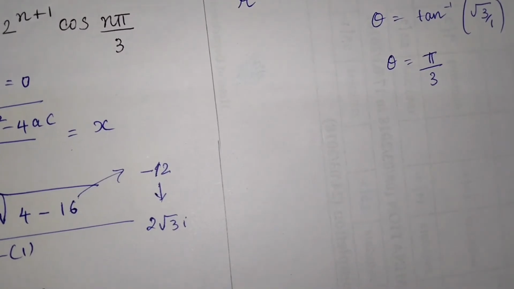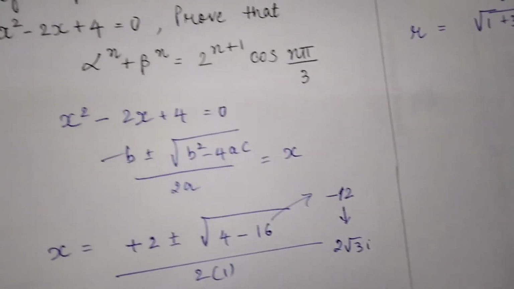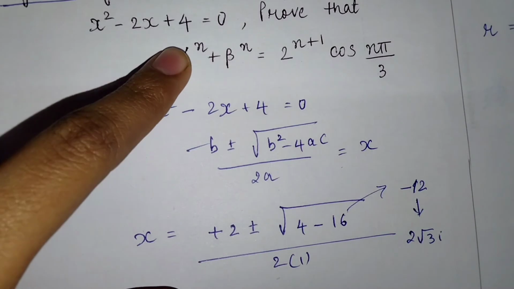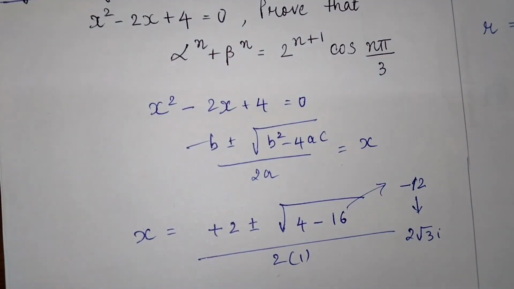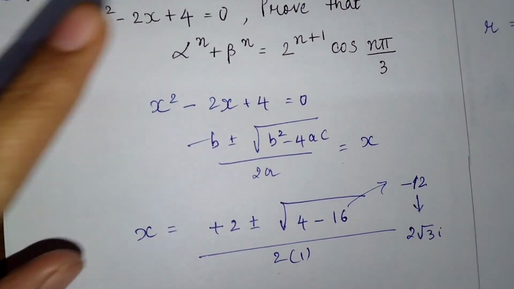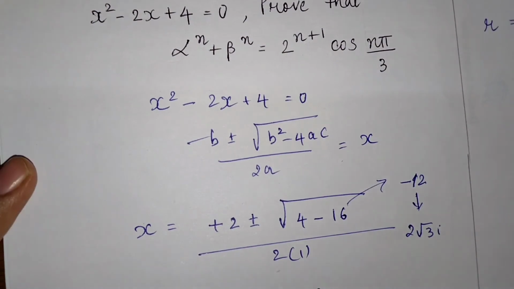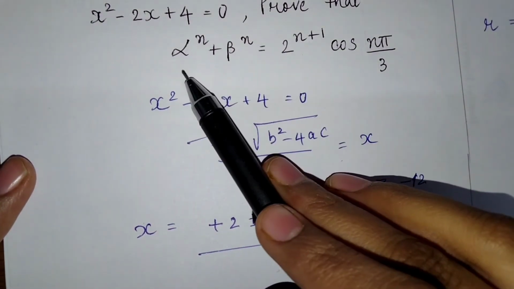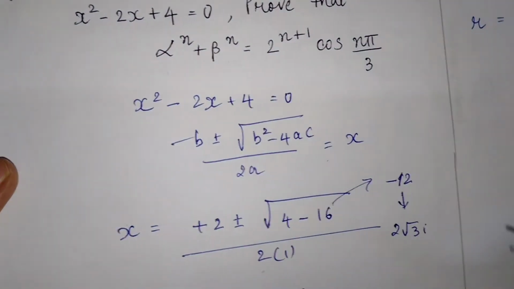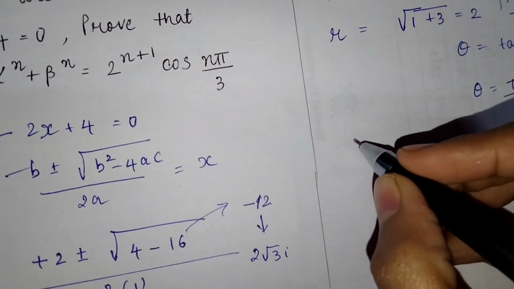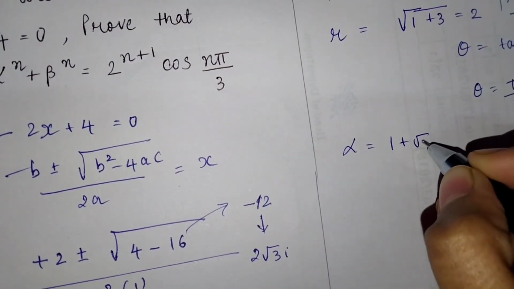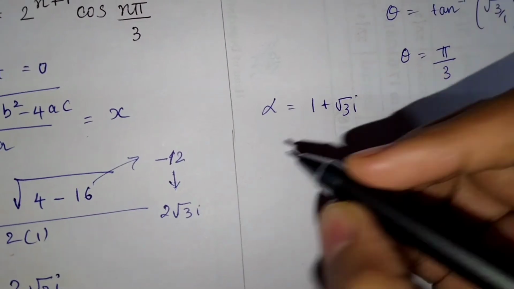Now what is asked? You have to show that alpha raised to n plus beta raised to n is equivalent to this term. So we will find alpha raised to n and beta raised to n first. Now we have alpha. Alpha is 1 plus under root 3i. Then what is alpha raised to n?